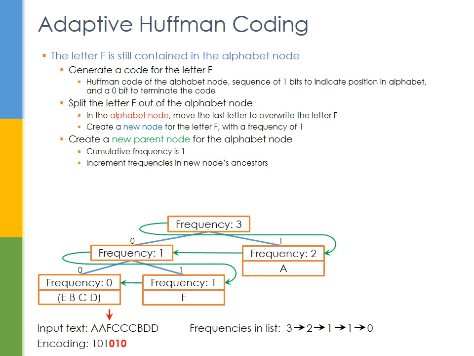We don't at this point need to test to see whether our sibling property has been violated, because we are dealing with a letter that is contained in the alphabet node. However, if we check the frequencies in our list in order, we can see that we have a decreasing sequence of frequencies, which means we don't have any increases, and therefore we don't need to deal with any violations of the sibling property.